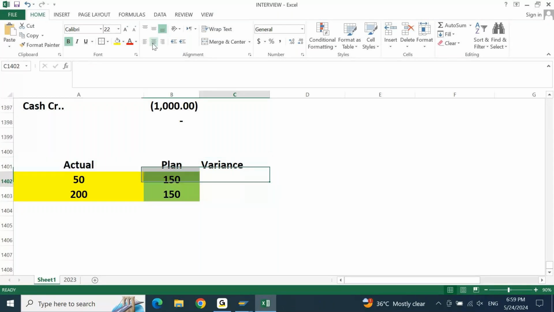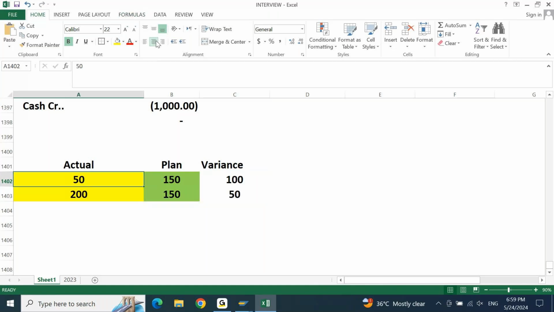In this situation, what is the difference between actual and plan? 100. In this situation, what is the difference? Minus 50. For time being, let us not put any plus or minus. To make it a little clear, let's say I'll put 100 here. In both the situations there is a 50 difference.